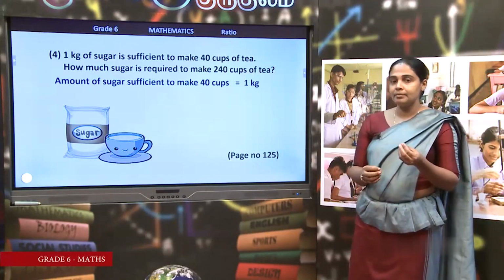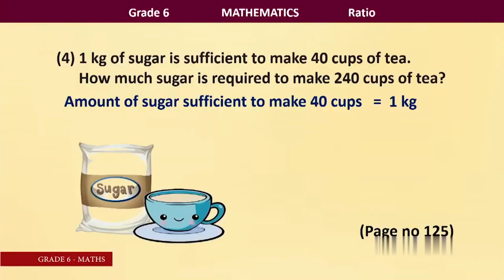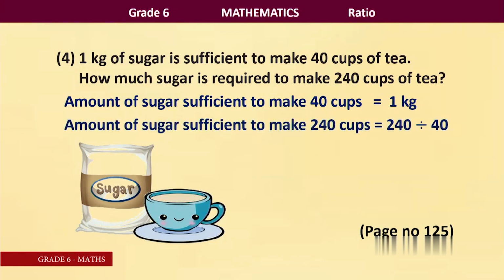To make 80 cups, you should use 2 kilograms. If it is 120 cups, it becomes thrice, 3 kilograms. Like that, you can find out the number of piles of 40 in 240. The method is 240 divided by 40. What is the answer? The answer is 6 kilograms. Now are you happy to do another question?